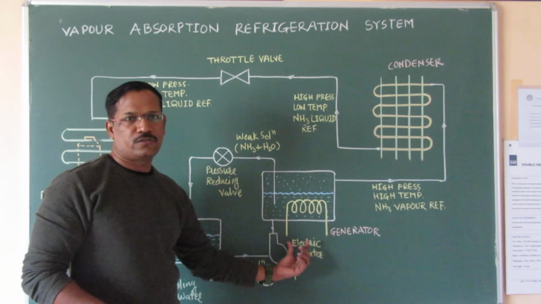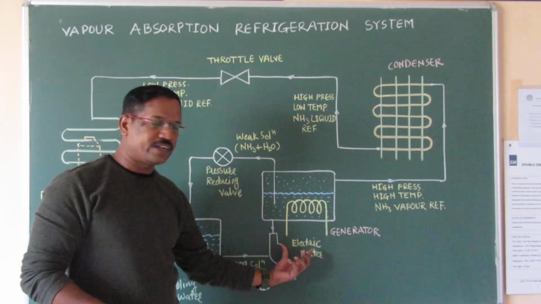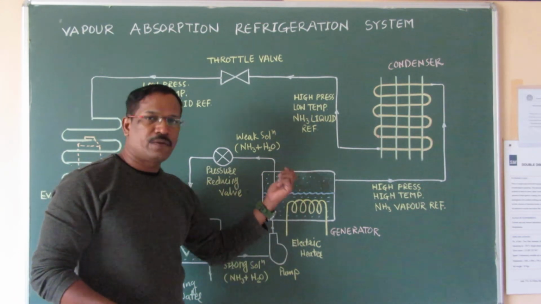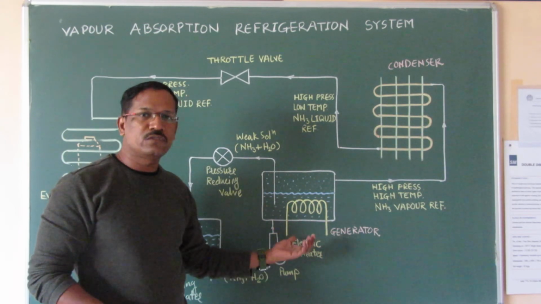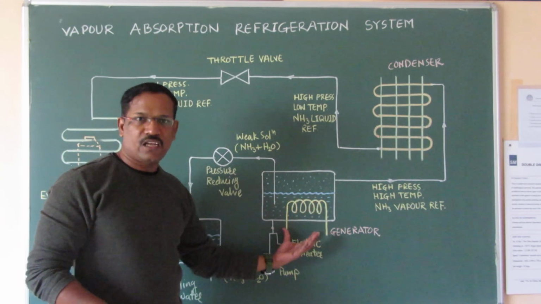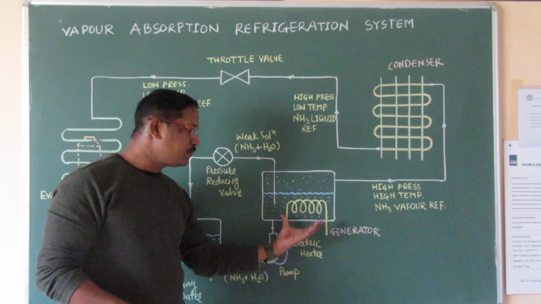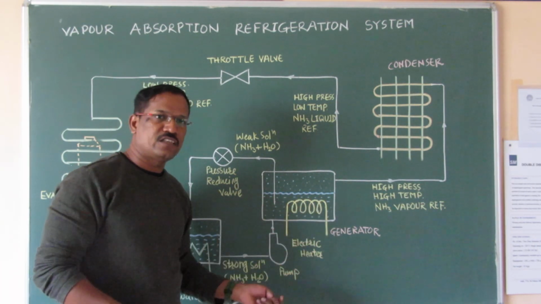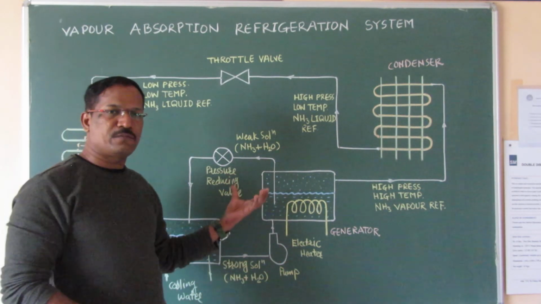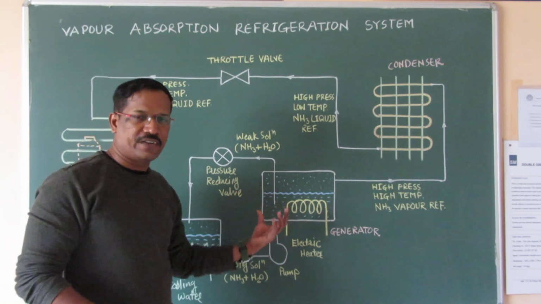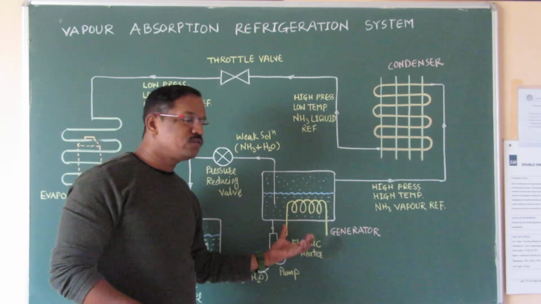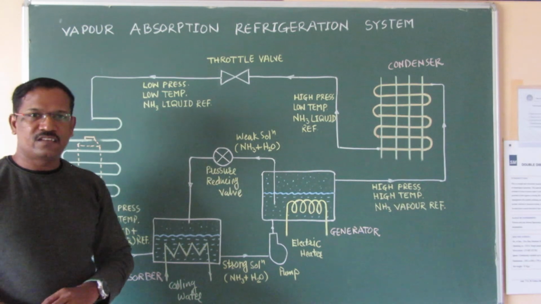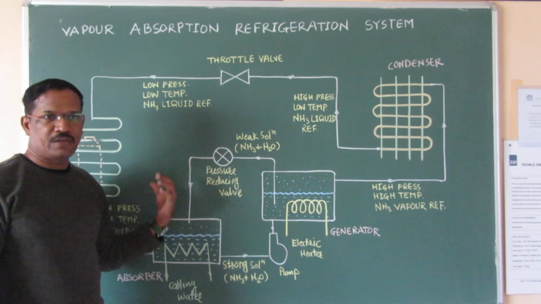We may use a solar panel and utilize solar heat for generating these vapors, or we may use vehicle exhaust gas as an input energy, and that refrigeration system can be utilized to maintain a controlled atmosphere of that vehicle cabin, the driver cabin. So likewise we can use a vapor absorption refrigeration system. So I think this clears the idea of the vapor absorption system.